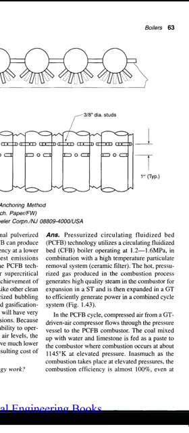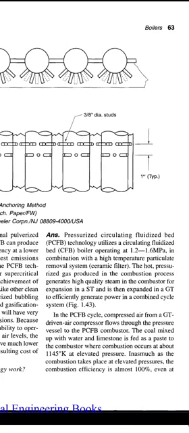The hot pressurized gas produced in the combustion process generates high quality steam in the combustor for expansion in a steam turbine and is then expanded in a gas turbine to efficiently generate power in a combined cycle system.